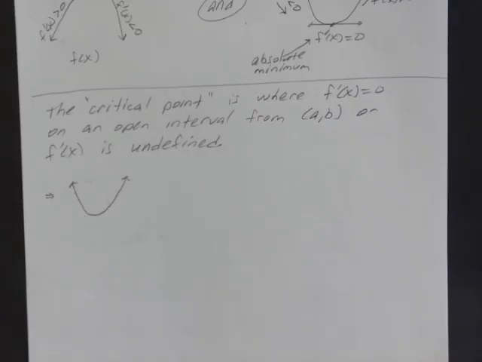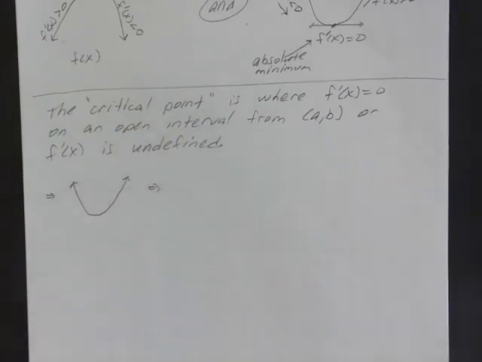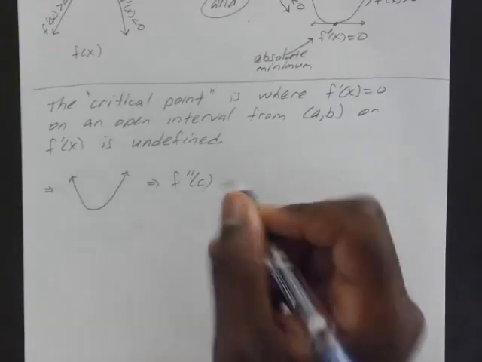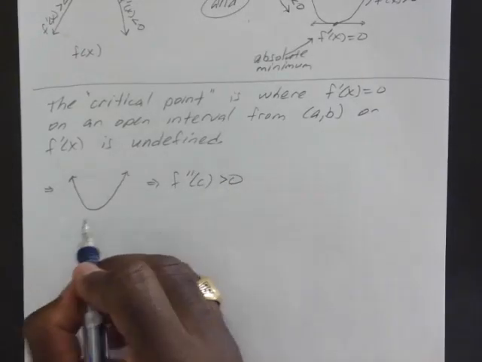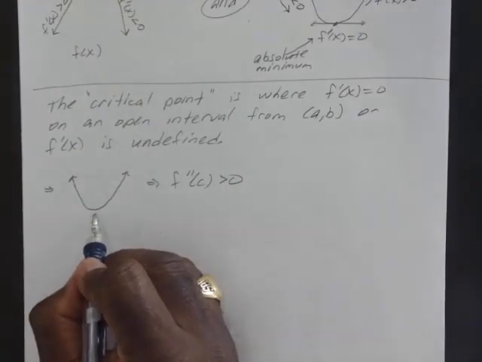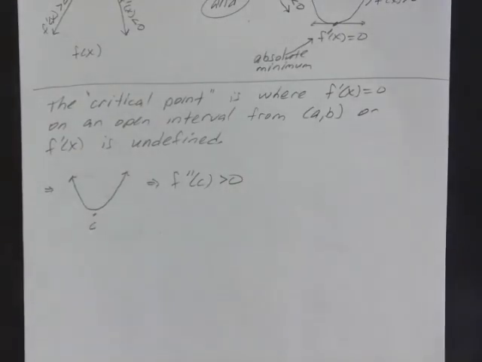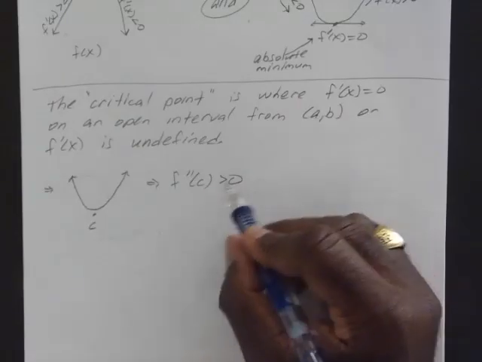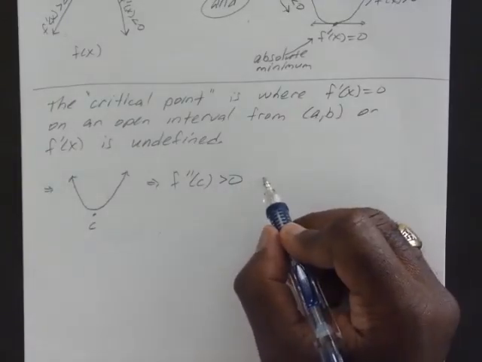Now, if that slope of the tangent line steadily increases, then the rate of change of the tangent line, or the derivative of the first derivative, would have to be positive. So we know that the positive second derivative at some point, we'll call this point C, that will be your minimum. So we know that is called concave up.